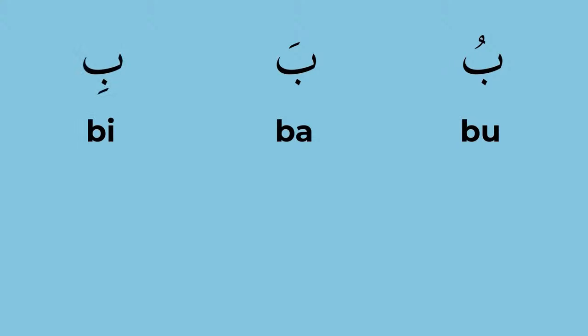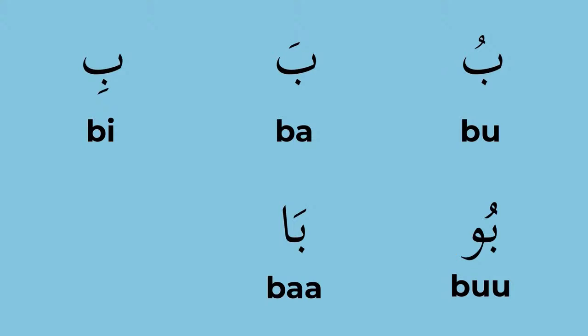Now, in order to do elongation, I put here alif. Now, you see, the job of alif is to elongate. Now, this is ba. And then I put waw here, and it is bu. And if I put ya here, it is bi.